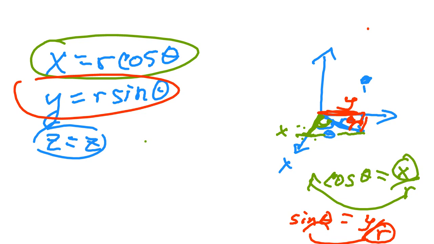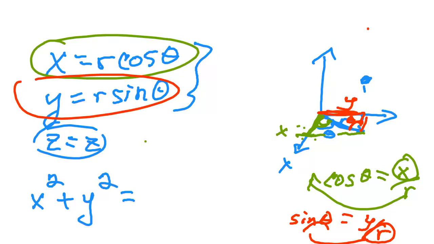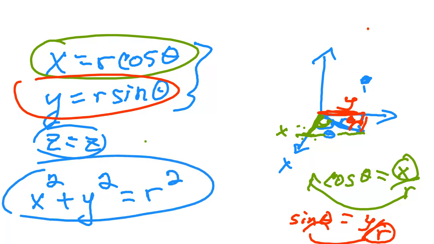And then what else could we do? Could we square both of these equations? And if I do and add them together, I'd get x squared plus y squared. What's it equal? It equals r squared cosine squared theta plus r squared sine squared theta, which is factor out an r squared, and we know that sine squared plus cosine squared is 1. So we also have that r squared equals x squared plus y squared.